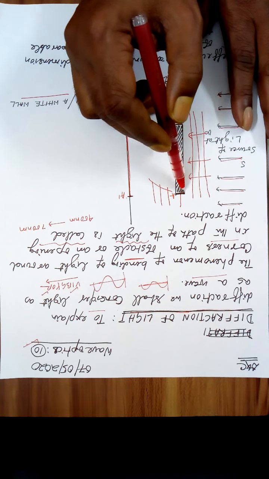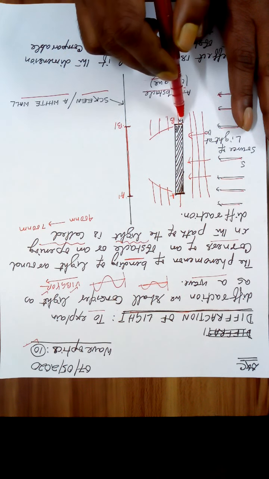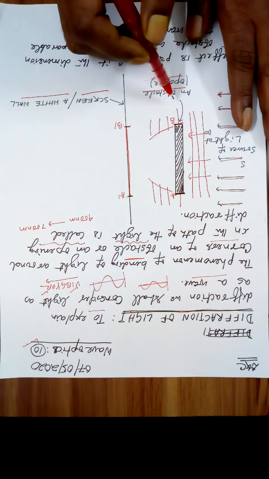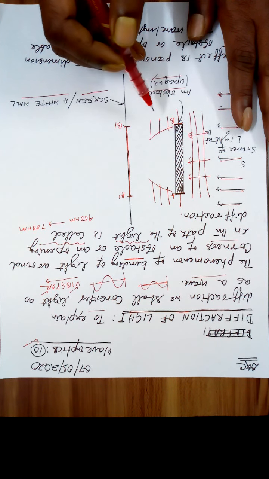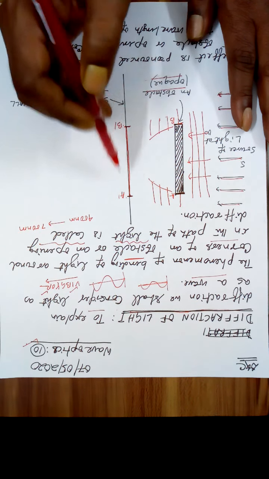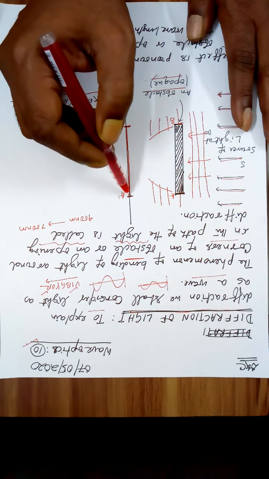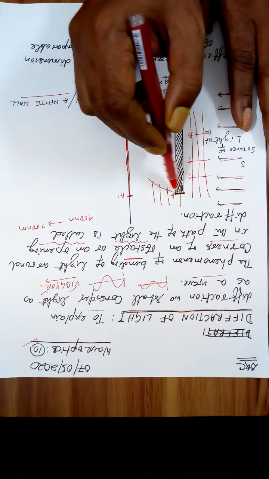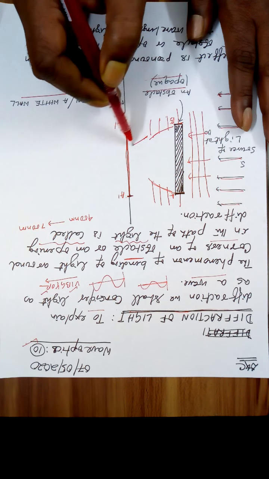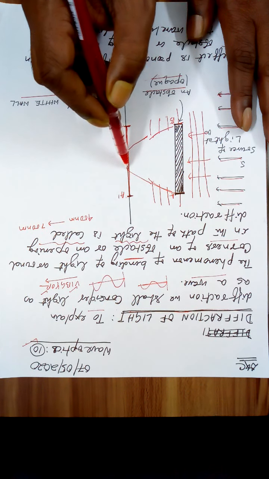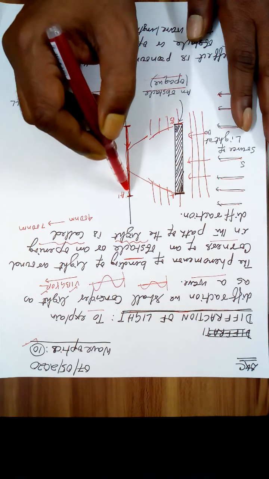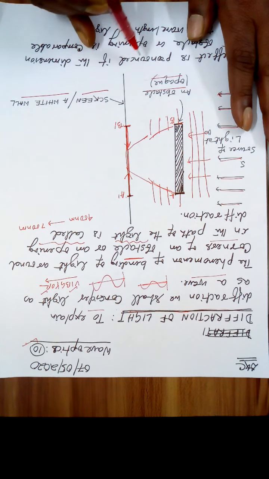This bending of light at this corner and at this corner is called diffraction of light. In the process, if light was not bending, then from this point to this point would have been completely dark. Due to this bending, some amount of light arrives here, some amount of light arrives here. Means they encroach, they spread into the geometrical shadow region.